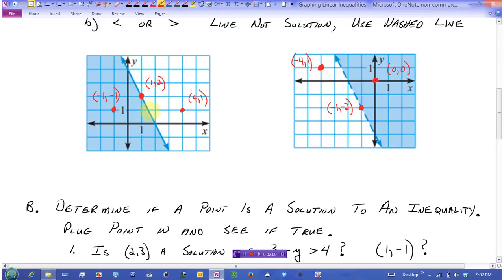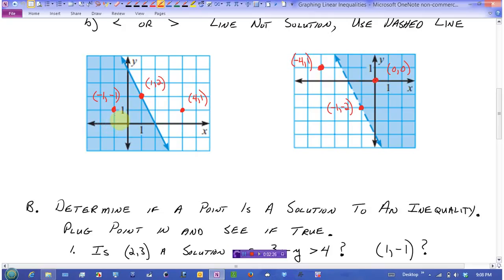But because this line is a solid line, all the points on that line work in the equation. It would be an inequality with a less than or equal to or a greater than or equal to, indicating that the line is also a solution. So if I put the point (1, 2) in the equation, it would be true. The point (-1, -1) is in the shaded region, so when it is substituted in, it would be true.